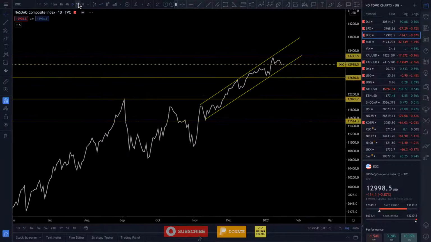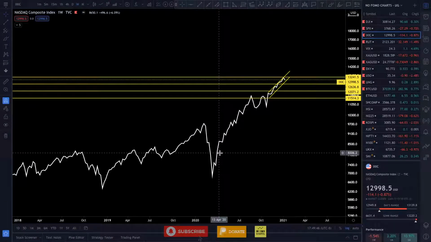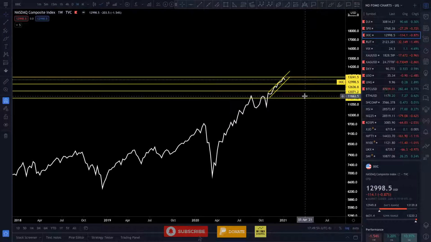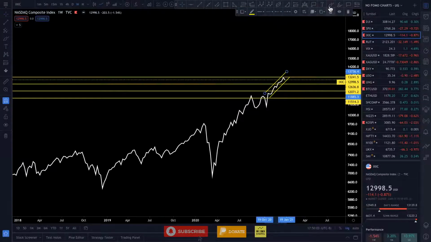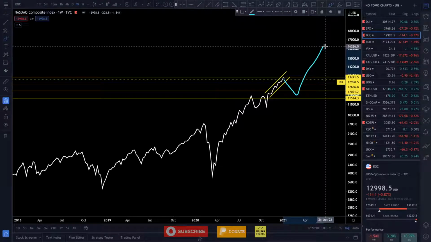All right, so weekly right here. You see how the NASDAQ just really went boom, higher high, higher low, higher high. So on the weekly, we could pull back all the way down to like 11,800, 12,000, even just somewhere halfway or down here, and then still continue up in the next year, right?